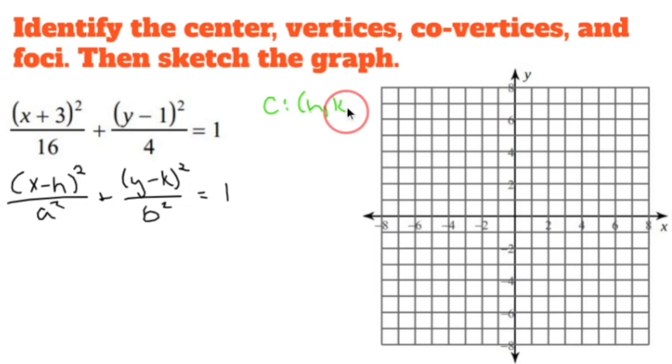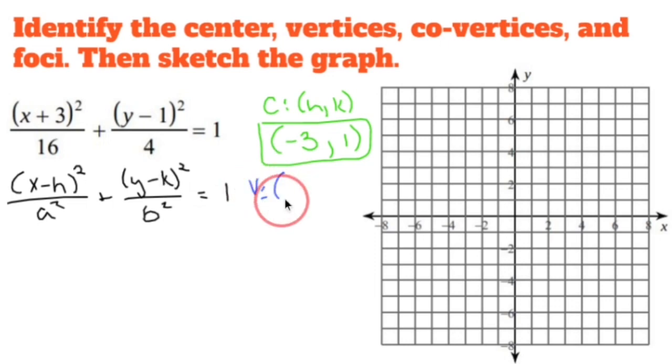If h is negative here, and negative h is positive 3, then my center is going to be negative 3 because positive h is negative 3. Similarly, but opposite literally, if negative k is negative 1, then k is positive 1. That's my center. My vertices are given by h plus or minus a and k.